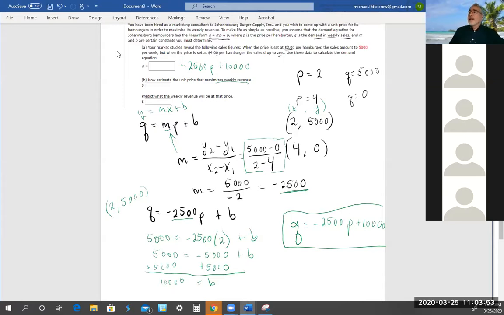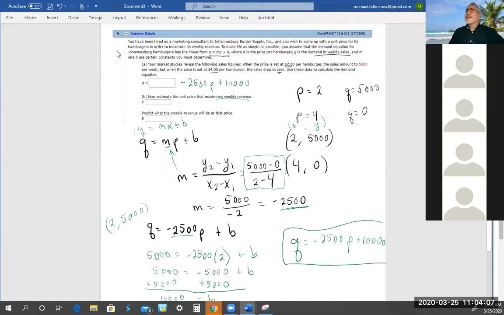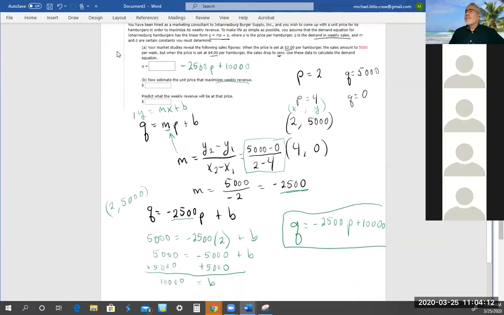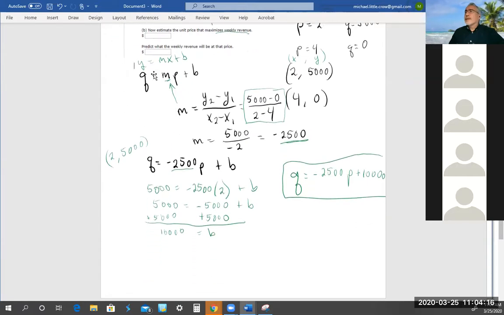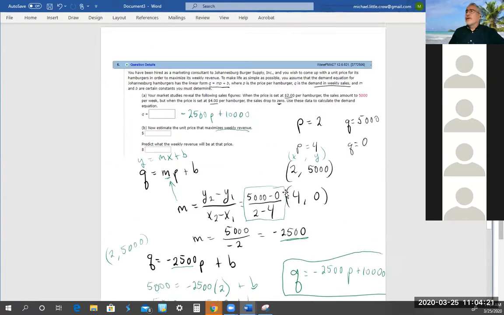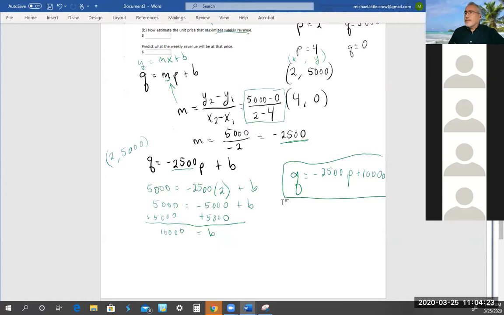So now we want to estimate the unit price that maximizes weekly revenue. This was from 12.6, which is the elasticity of demand.